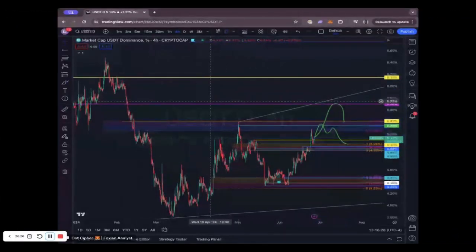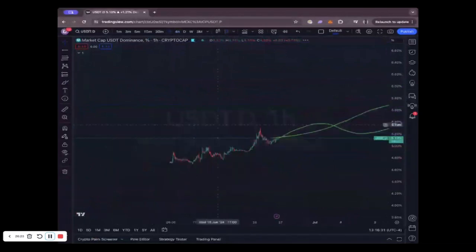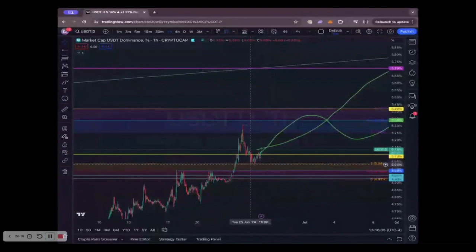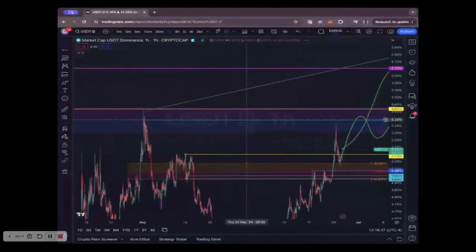So what I'm expecting here is continuation, considering we did just bounce and flip this level at the 5.5%.